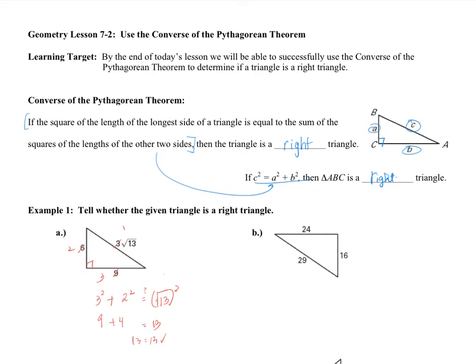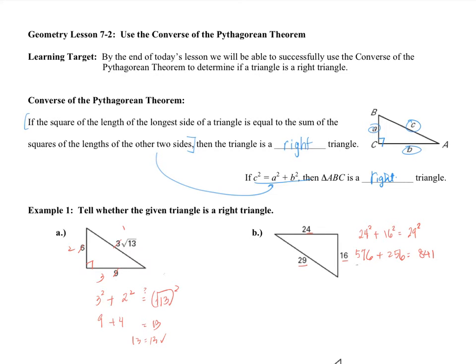And for part B, we can first, actually there's no GCF, so we're going to have to just use a long way. I'm going to take 24 squared plus 16 squared and check if it's equal to 29 squared. 24 squared gives me 576. 16 squared, 256. 29 squared, 841.